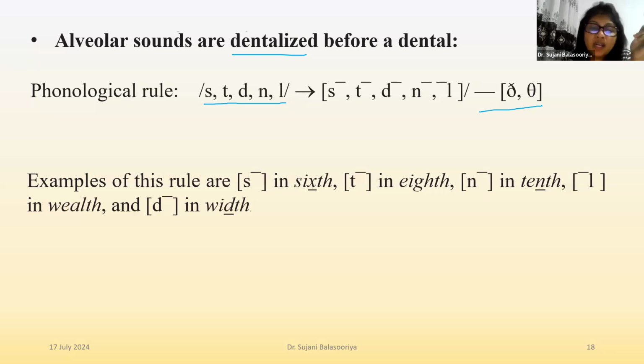Now there are two dental consonants, no, th and the, right? So the consonants t, d, n, l, any of these consonants can become not alveolar but dental if the following consonant is either of the dental sounds. That is the phonological rule or the process.